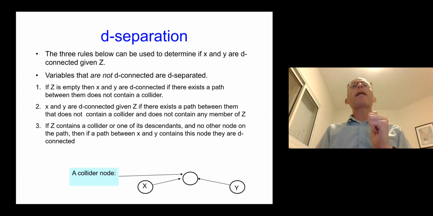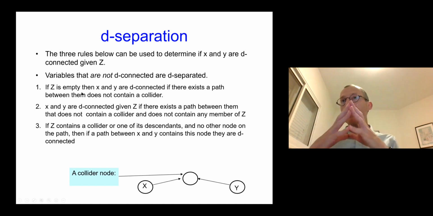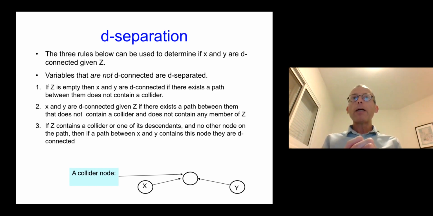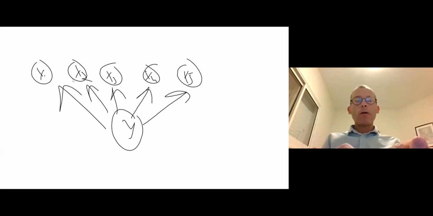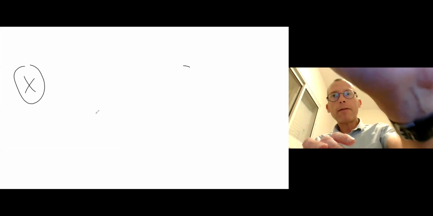The first rule applies to the case where Z is an empty set. So if Z is an empty set, then X and Y are d-connected if there exists a path between them that does not contain a collider. What does it mean? So let's say we have X here and Y here.